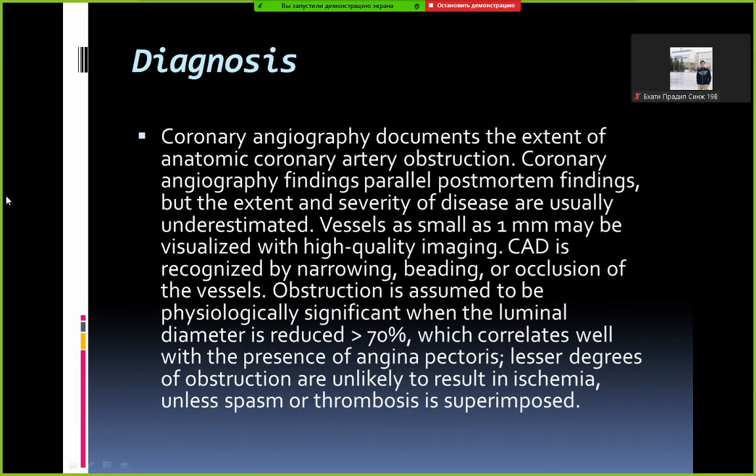Next method, coronary angiography, which documents the extent of anatomic coronary artery obstruction. Coronary angiography findings parallel post-mortem findings, but the extent and severity of disease are usually underestimated. Vessels as small as 1 millimeter may be visualized with high-quality imaging.